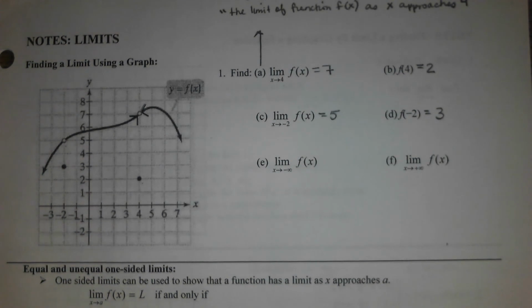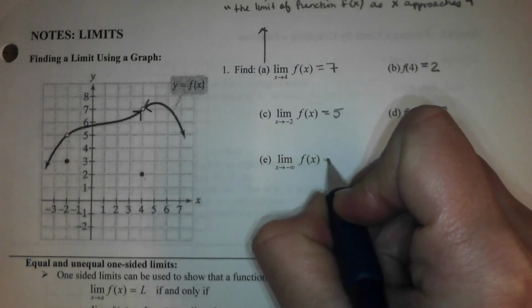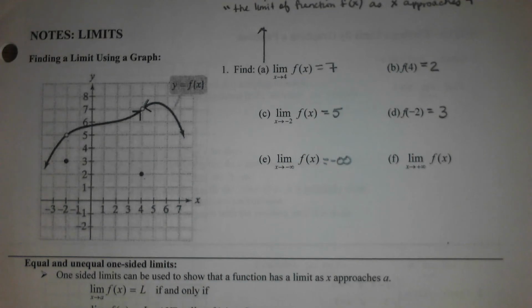All right. Try E on your own. Think about that. What is the limit of this function, or the intention of the function, as x goes towards -infinity? In other words, what are the y values doing as the x values go towards -infinity? -infinity. Good. And same in F. What are the y values doing?